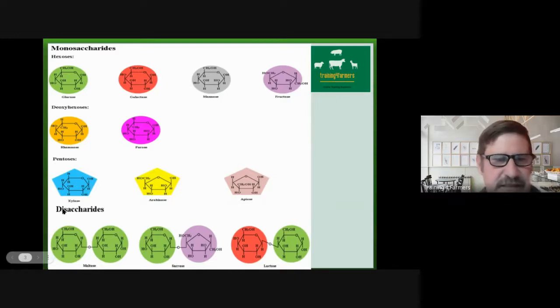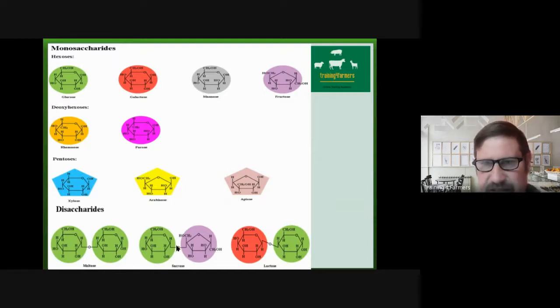Then you get disaccharides. Di meaning 2, so in groups of 2. When you have 2 glucoses put together, it's called maltose. Sucrose, which is your white sugar that you have on your table for your coffee, is made up of a glucose molecule and a fructose molecule.